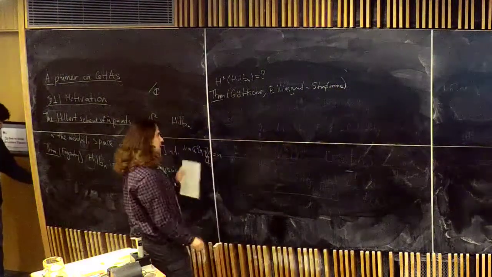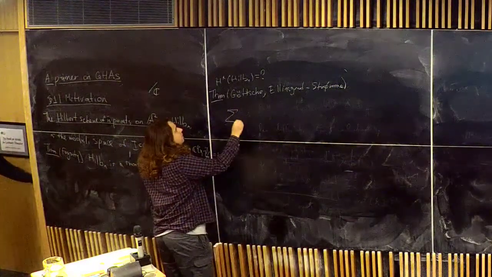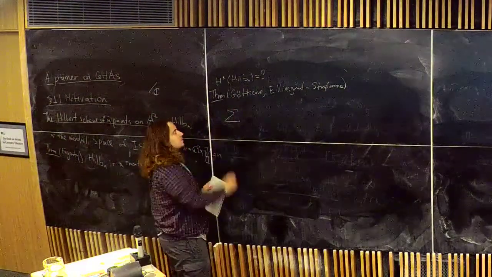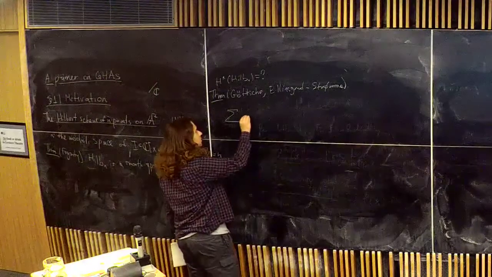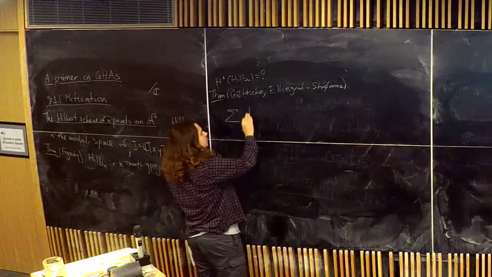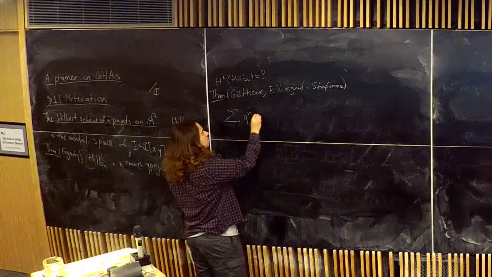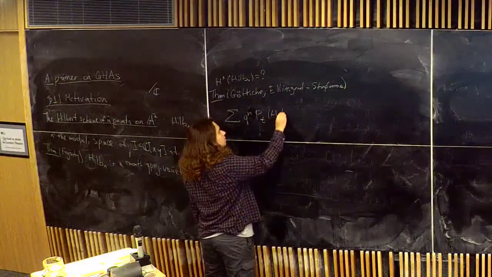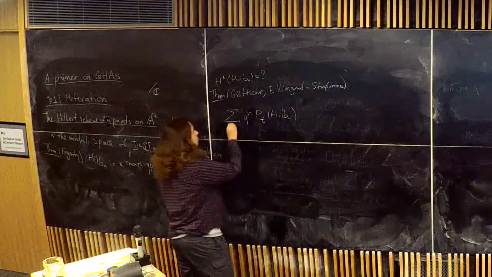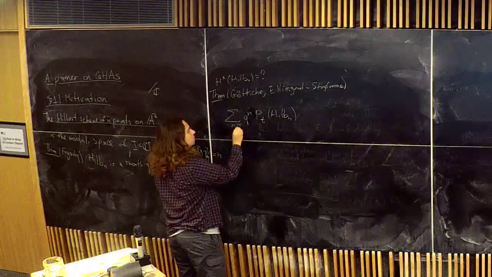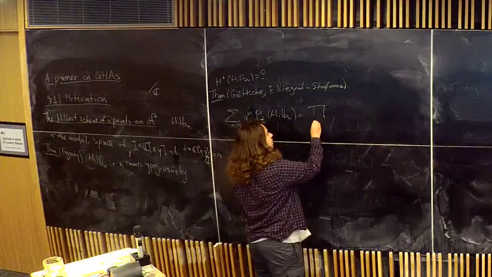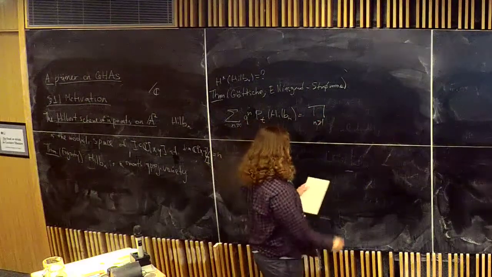And the theorem says that the good way to write down the Poincaré polynomials of Hilbert schemes is to put them into a generating series: the Poincaré polynomial in t, summed over n. So this can be written down as a product.